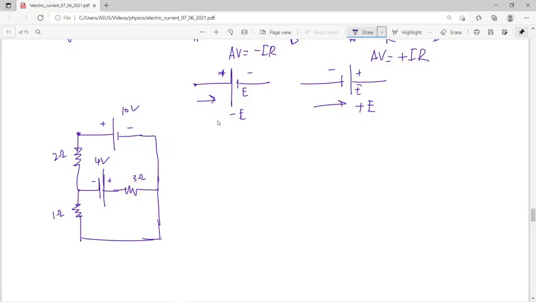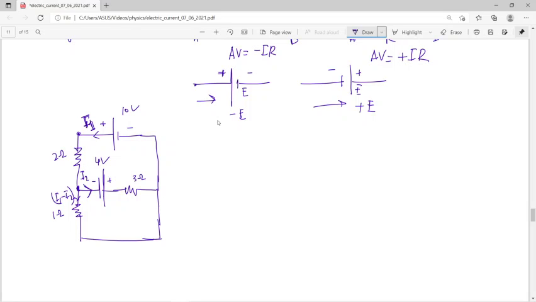So I can break the current like that. If this is a 10 volt, that is a 4 volt, and from negative to positive the current is I1, and at that particular branch it is divided into 2, say I2, so that is I1 minus I2.